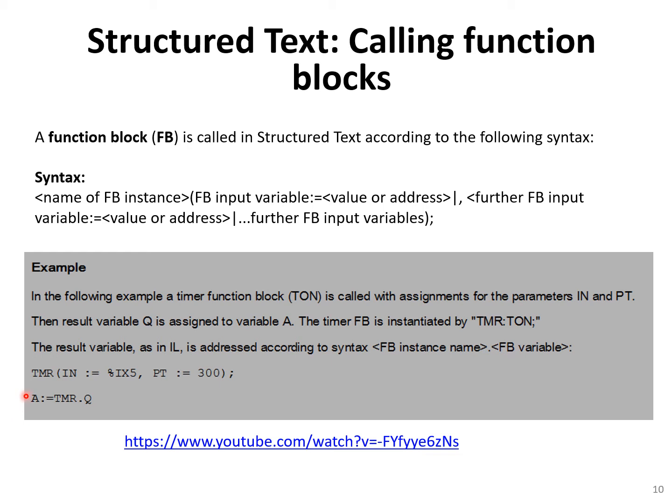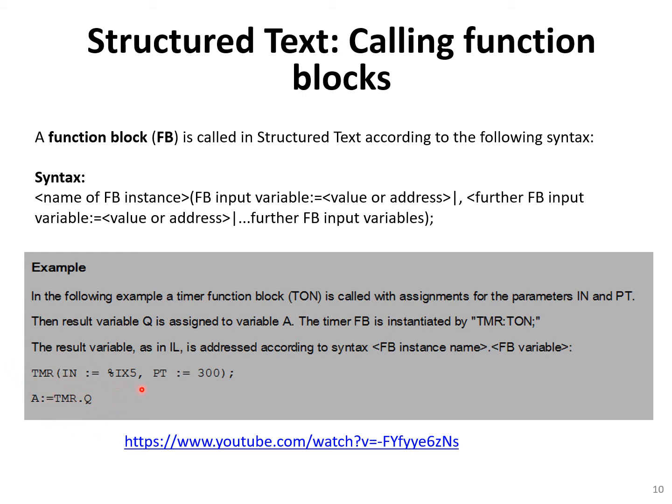So here we have our function block. We are calling our function block, and the inputs are IN, which is IX5, a Boolean variable, and the preset time value, which is 300. And we want to assign A the value of TMR.Q, which is the output variable of the timer.